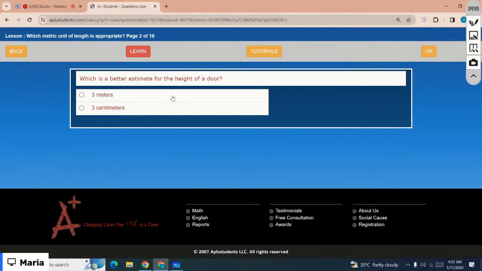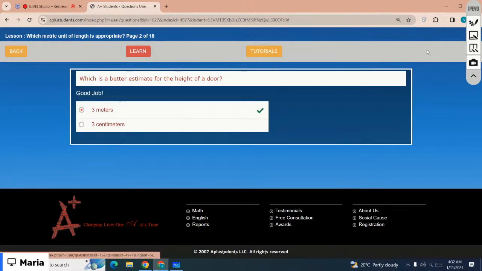The height of a door must be 3 meters because centimeter is a smaller unit, right?